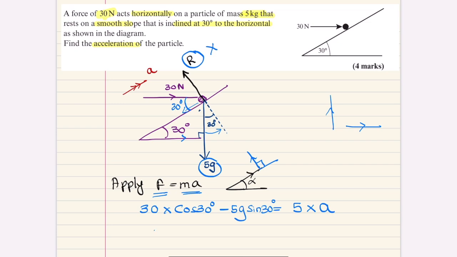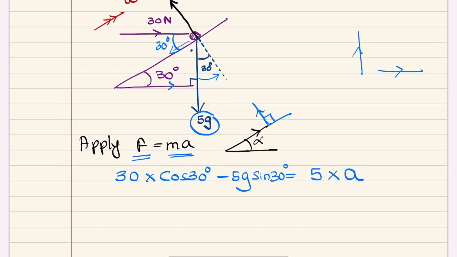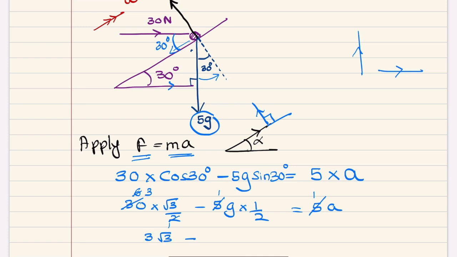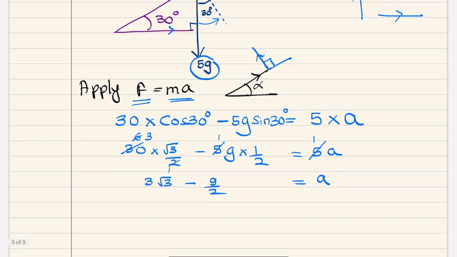So cos 30 is a known trig value, root 3 by 2, and sine 30 is half. It's going to be 5a. We're going to cancel every bit with 5, so 5 is getting cancelled. 30, how many times does 5 go into 30? It will be 6. Then 2 and 6 get cancelled. It will be 3. So the acceleration is 3 root 3 minus g over 2.